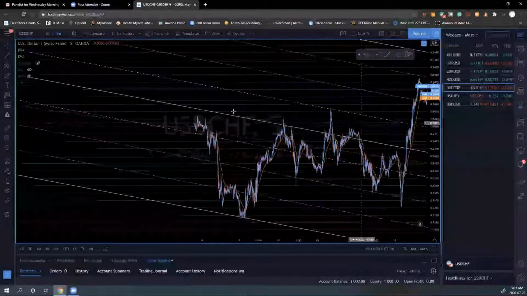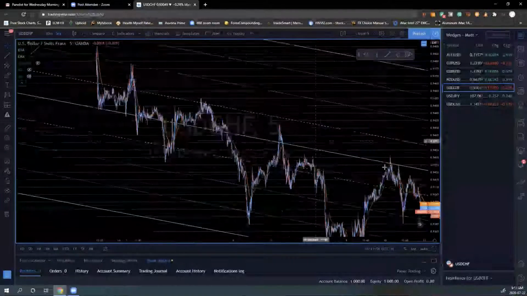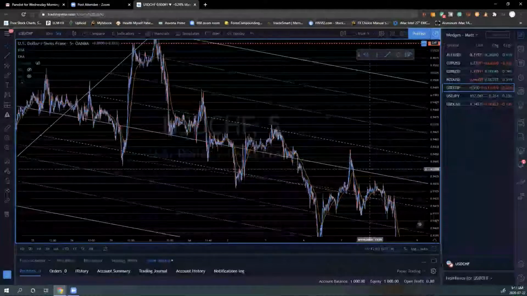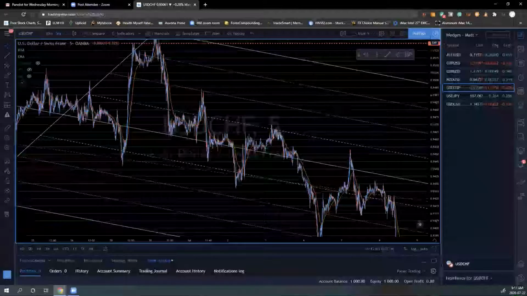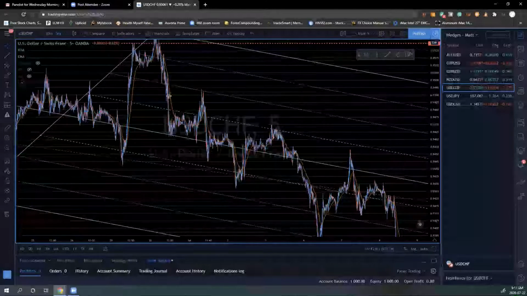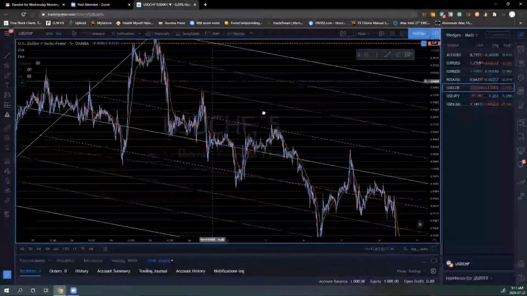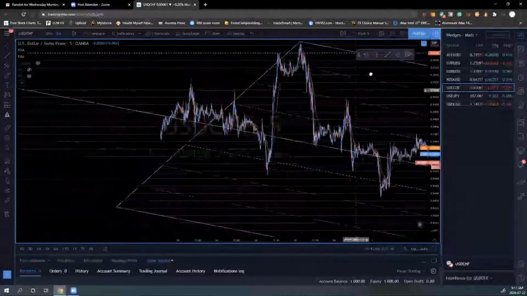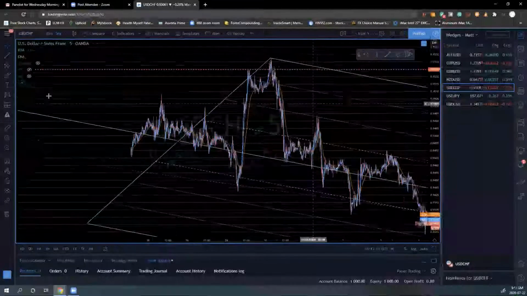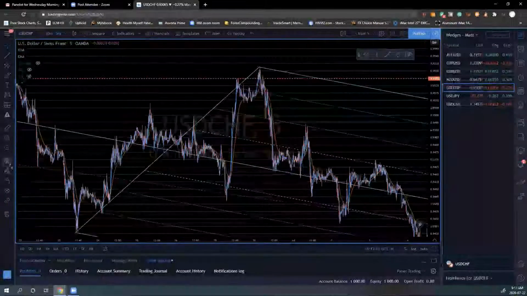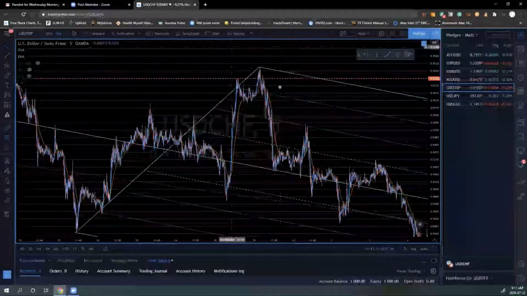These are also pretty good targets once you get to messing around with them. Let's see here. Oh, that's why. Because when I lined it up, I did it on the 15.